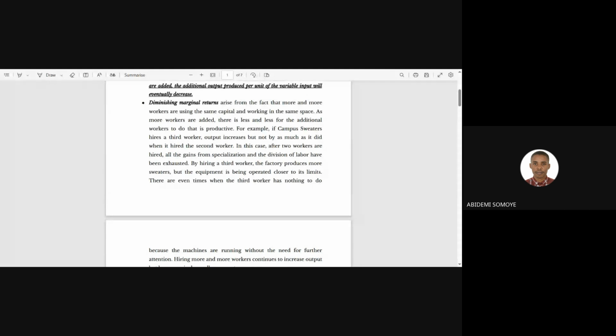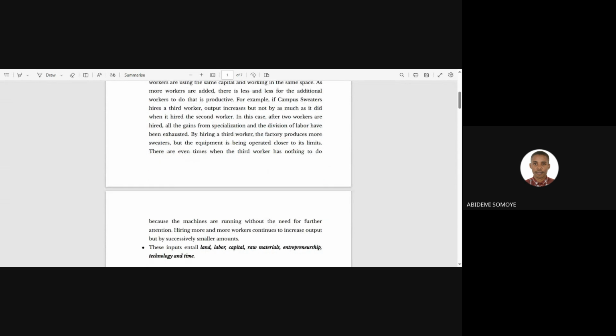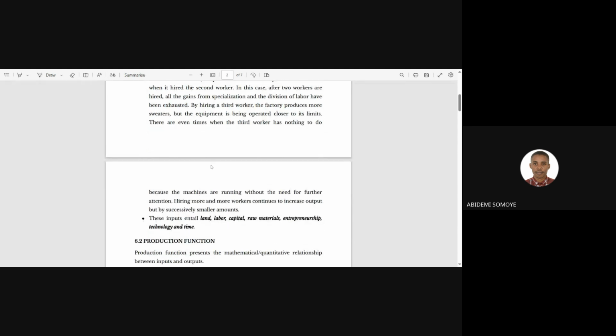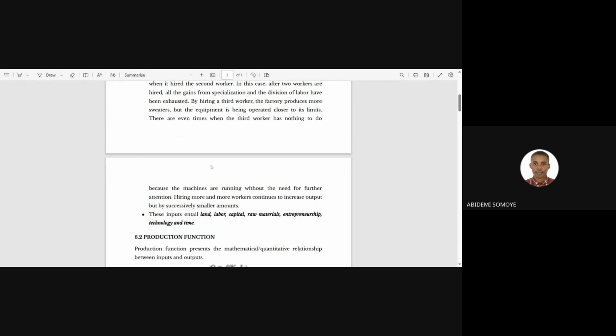In this case, after 2 workers are hired, all the gains from specialization and division of labor have been exhausted. By hiring a third worker, the factory produces more sweaters, but the equipment is being operated closer to its limit. There are even times when the third worker has nothing to do because the machines are running without the need for further attention.